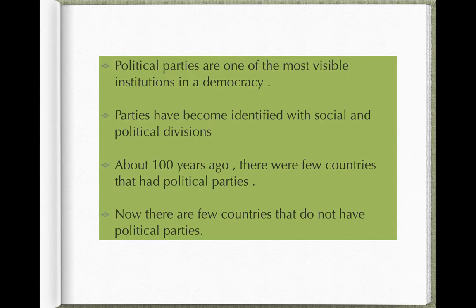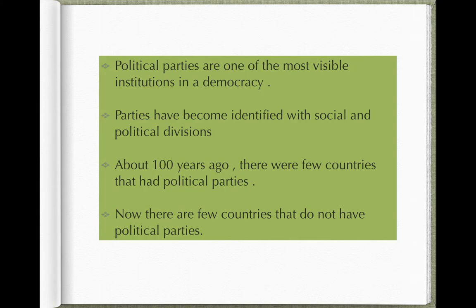And in our country, being a democracy, parties have become identified with social and political divisions. Socially people are divided, politically it has divided people. If you see, about 100 years ago, there were very few countries in the world that were democratic, and that means there were very few countries which had political parties.